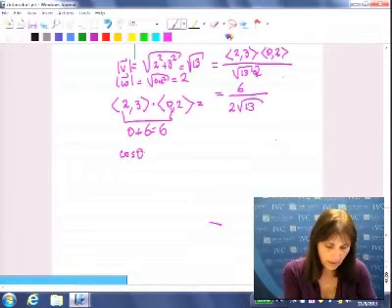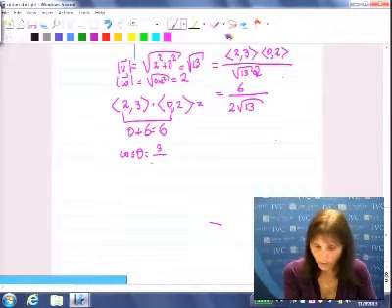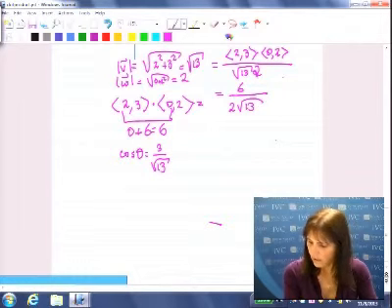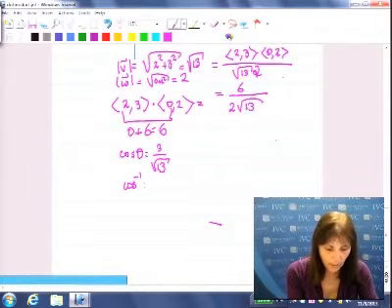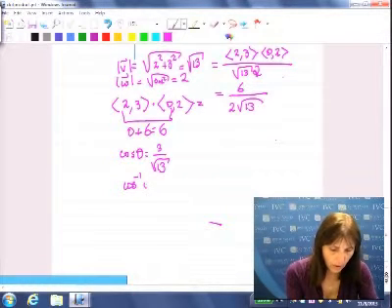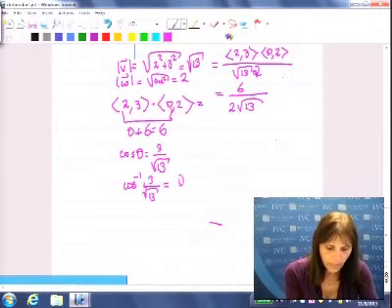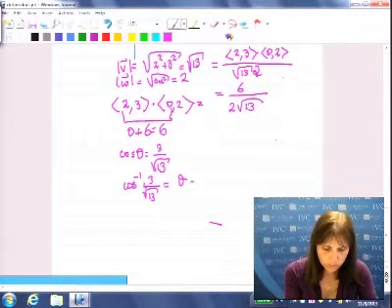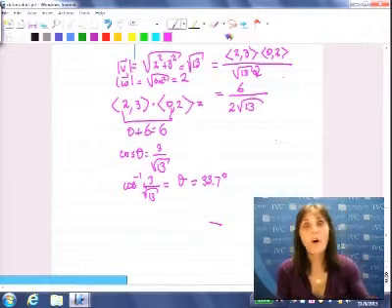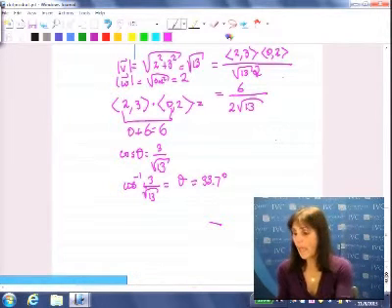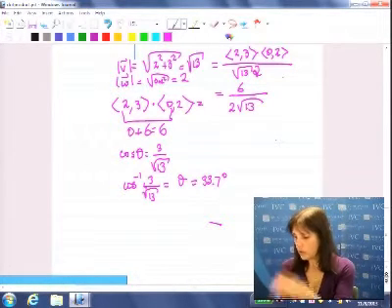Cosine theta is simply 6 over 2, that's 3, over root 13. You can take the cosine inverse with your calculator of 3 over root 13, and that's going to equal theta. I just plug it in and I get 33.7 degrees. So I actually found the angle between the two vectors.